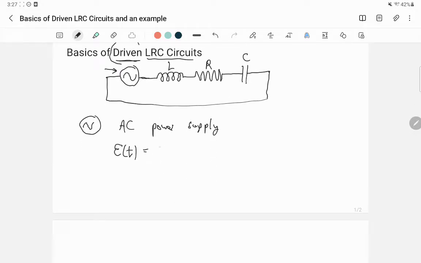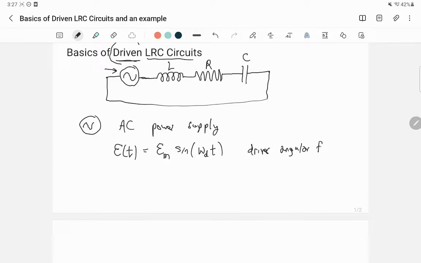There is an amplitude called E sub m, m for max, which is some number of volts, multiplied by a sinusoidally varying function of time with an angular frequency called omega sub d. That's the driver frequency.